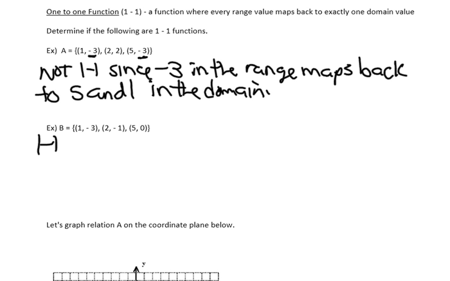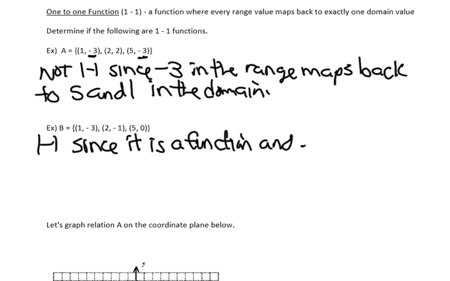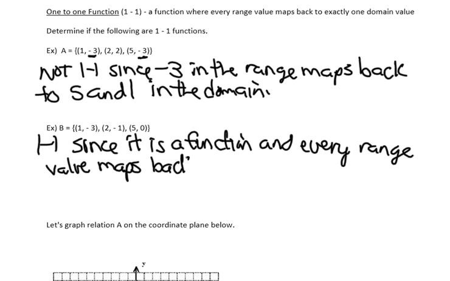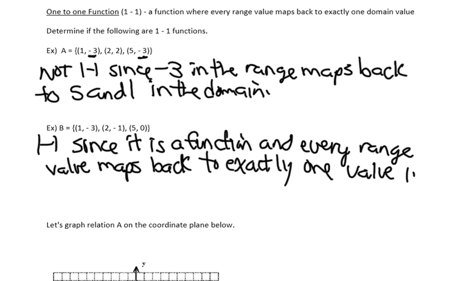So it is one-to-one, since it is a function and every range value maps back to exactly one value in the domain. So that is an example of a one-to-one function.